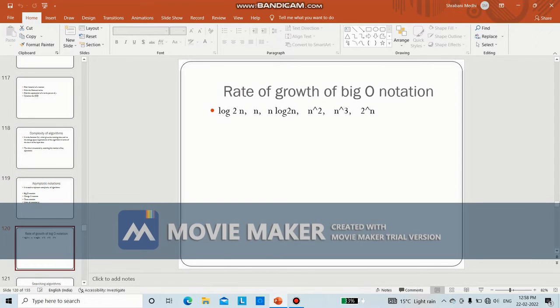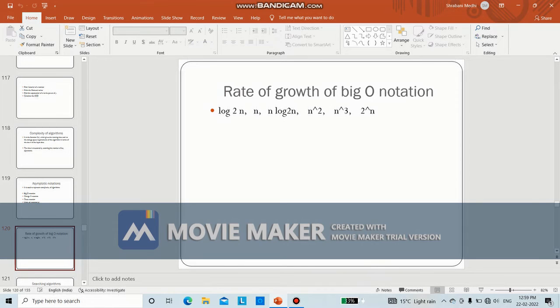It is very important to know the rate of growth of big O notation. After finding the complexity, a particular algorithm may have a complexity of big O of log n with base 2, or another algorithm may have, suppose, big O of n cube.